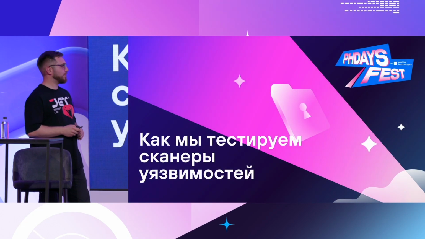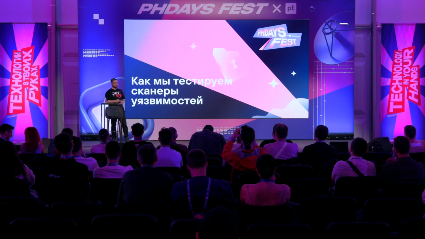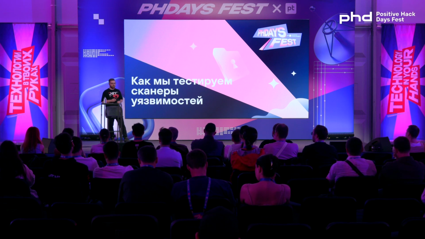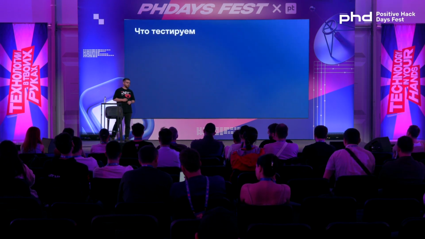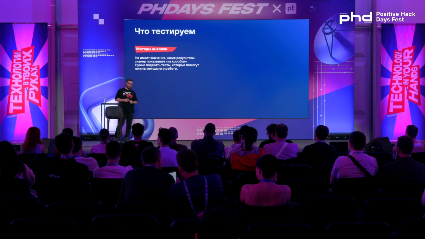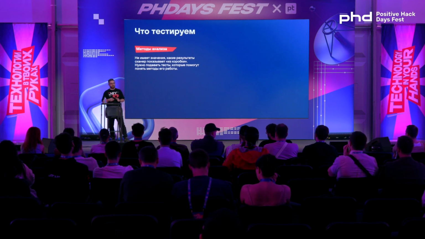And now let's move to the second part of the presentation. How do we test the scanners, and what do we pay attention to? First, what do we test? Methods of analysis. It's not as important what the scanner will find at first iteration, but how it is going to find it. Signatures and so on. We launch it for the first time.